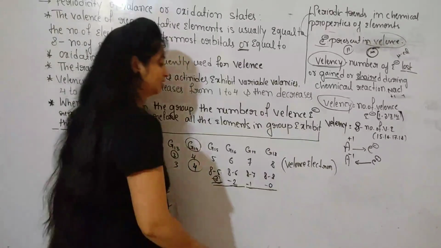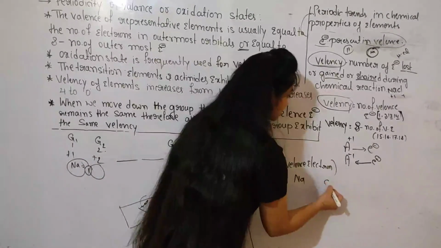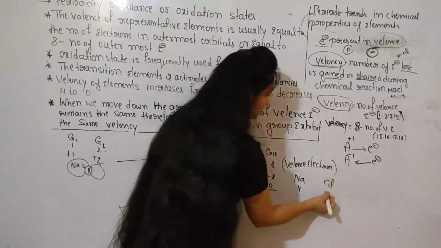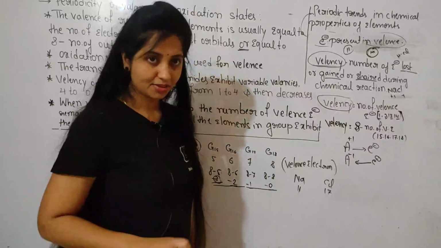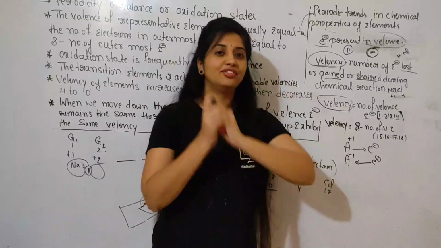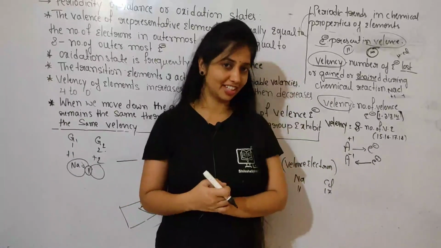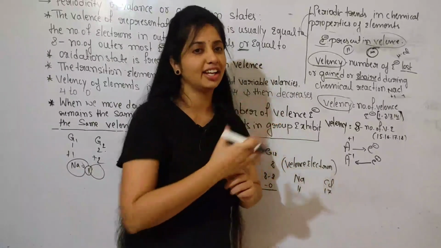See here, guys. Sodium and chlorine. Sodium has atomic number 11 and chlorine has atomic number 17. I already told you all elements wish to attain their stable state, or their noble configuration, or they wish to attain the octet rule.